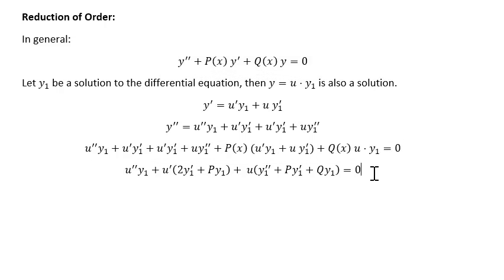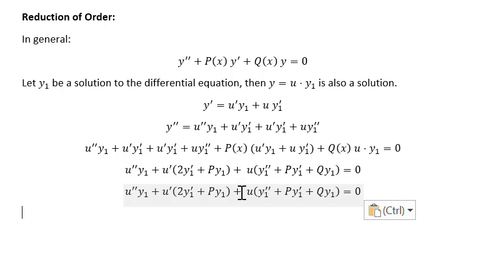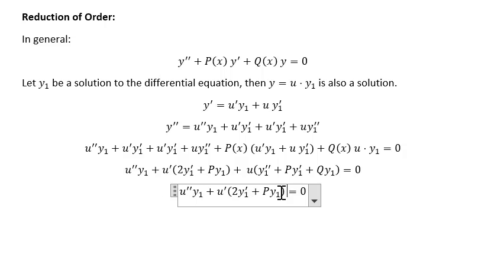And in fact, that's what happens. This whole thing will disappear. So let's make this disappear. And then this is now our new differential equation. Now, we can solve for this differential equation.